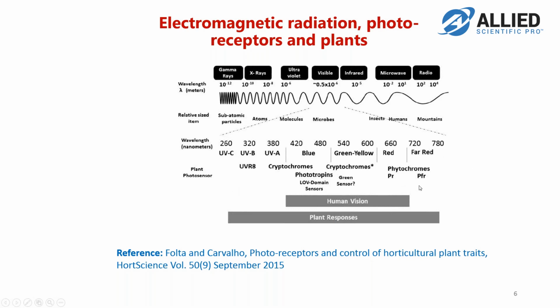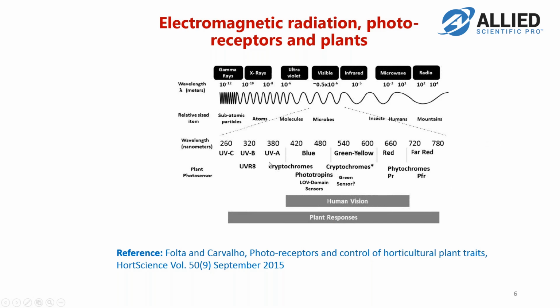The reason nothing shorter than UVB affects plants is that the ozone layer blocks it, and we don't get any UVC radiation on the ground. So plants didn't evolve any sensitivity to it. And as far as the longer wavelengths are concerned, they have very small energy to affect the photoreceptors.